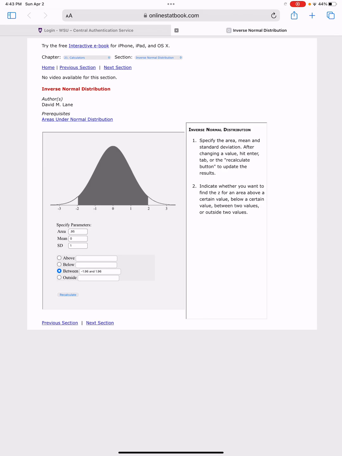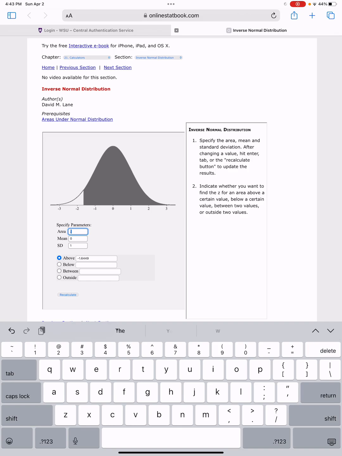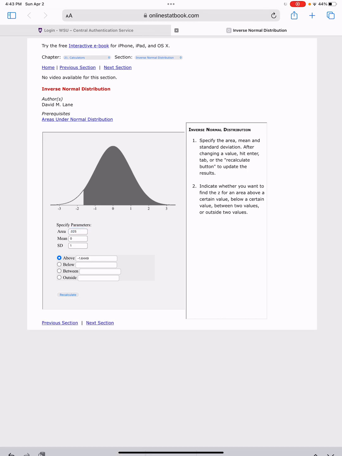So let's do that. If I want to do the above here, to find the confidence interval, for a 95%, that means 5% outside, but divide it by 2 because there are 2 tails. So 0.025. Okay, and 1.6449. So very, very much the same.